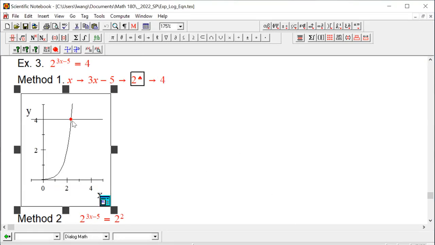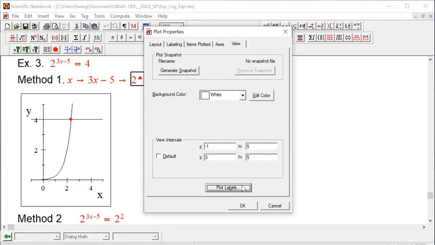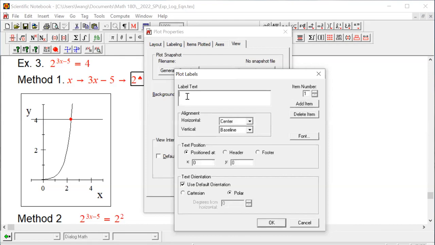And that point, I'm going to mark it. The input is 7/3, and the output is 4. Okay, so I'm going to mark it.